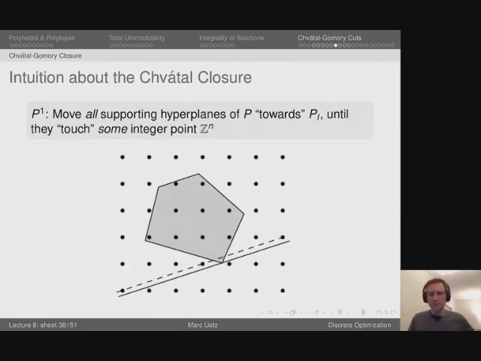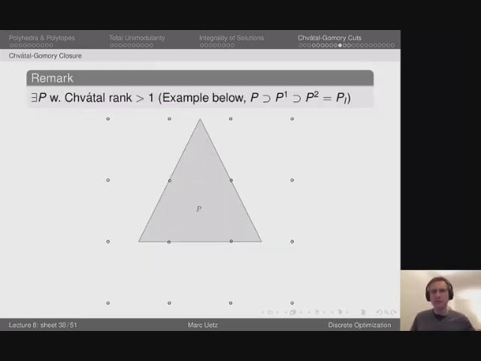So why would I ever need more than the first Schwartal closure? Here is a simple example that shows that you actually in general need that. We have a description of a polytope here by three linear inequalities, this triangle here, which has a Schwartal rank larger than 1. So the first Schwartal closure does not yet give me the convex hull of all the integer points, which is just a square.